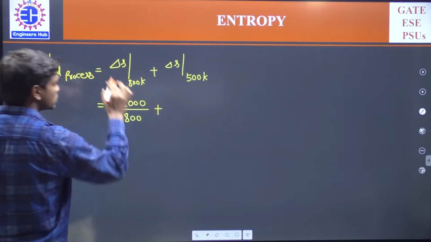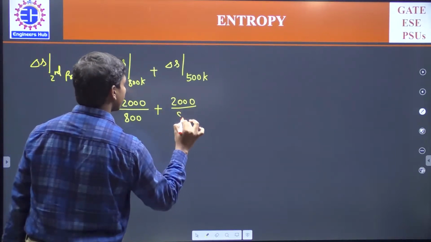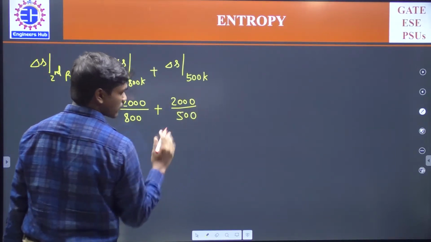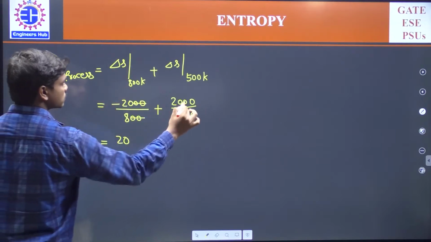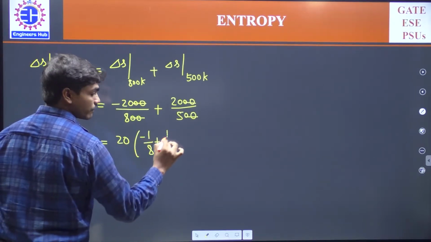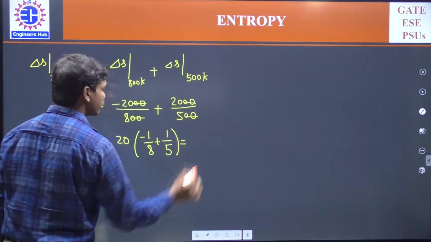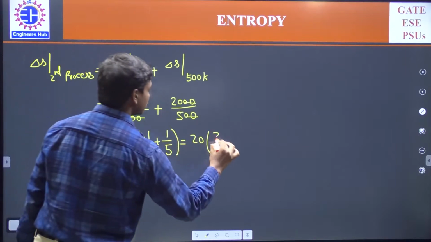Now whatever the heat this source is losing is collected by the sink. So 2000 divided by 500. If you cancel these two zeros and take 20 common, you have minus 1 by 8 plus 1 by 5. So this is equal to 20 into 1 by 5 minus 1 by 8, which gives 3 by 24.